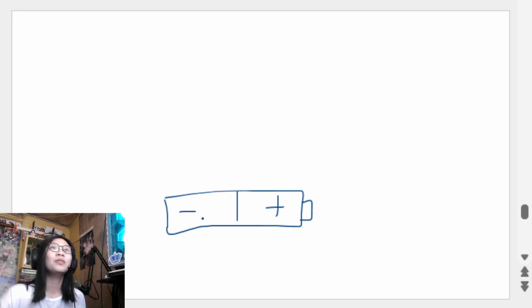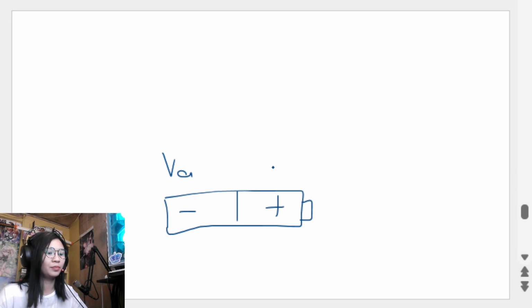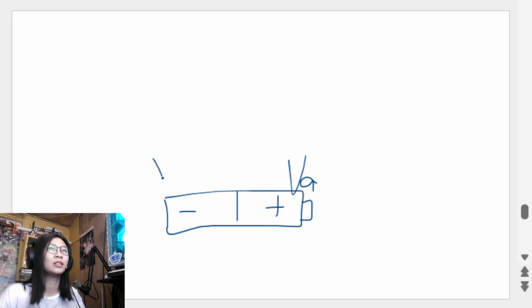Because of that, they have different potentials. Now, voltage is when there is a potential difference between two potentials.